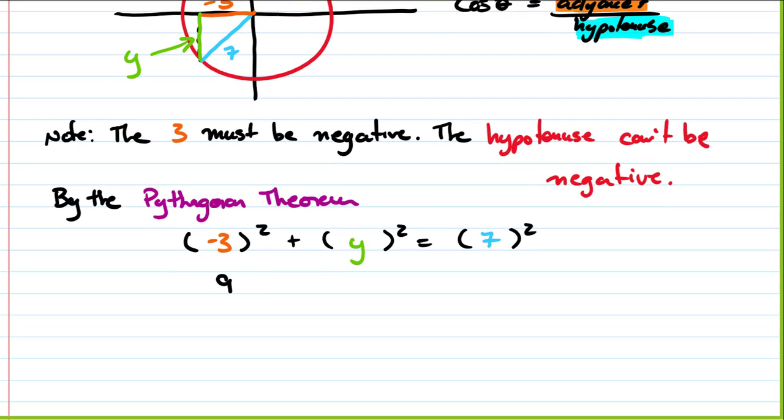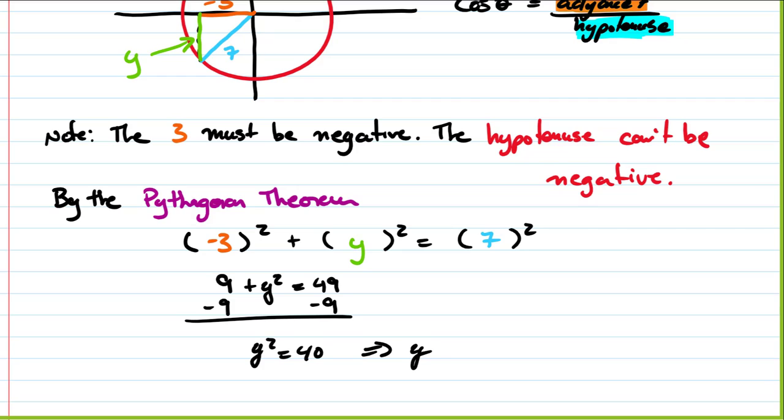That gives us 9 plus y squared is equal to 49. Minus 9, minus 9. So y squared is equal to 40. And we get y equals plus or minus the square root of 40.